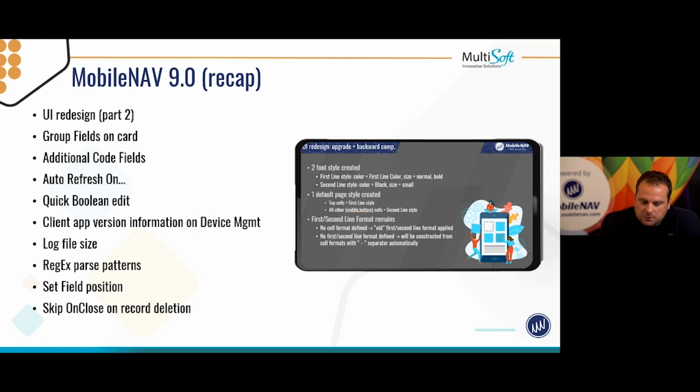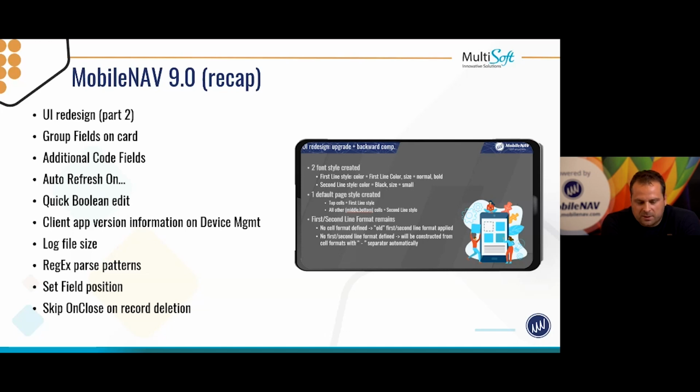We allowed quick Boolean editing directly on the list. We have included the client application version in device management. So if you have a large device base on a certain site, you have a high-level overview of the client application versions across your company, which is quite useful, I believe.